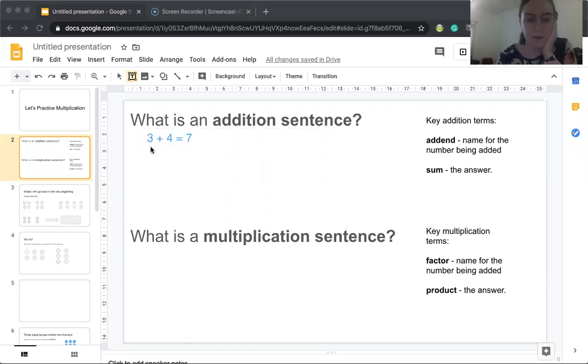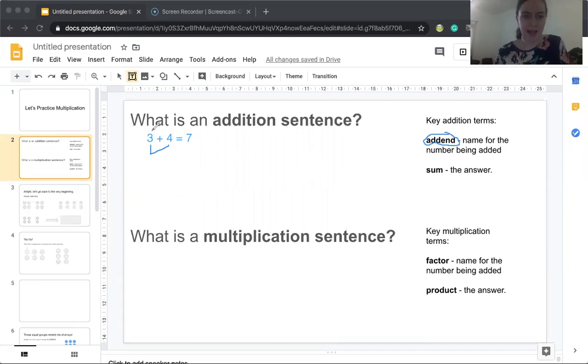Now this number right here has a special name. So this number and this number, they both have a special name. They're called addends. Addends are the numbers that you are adding together.